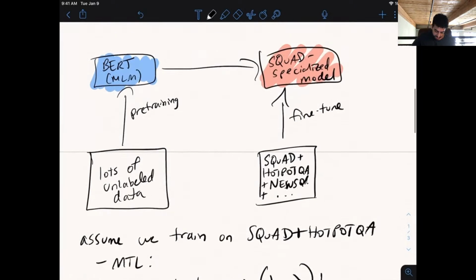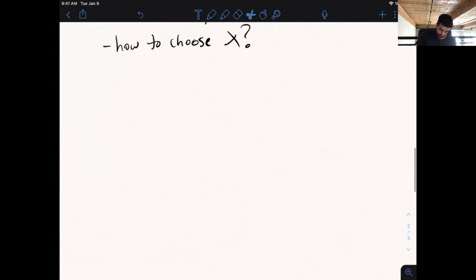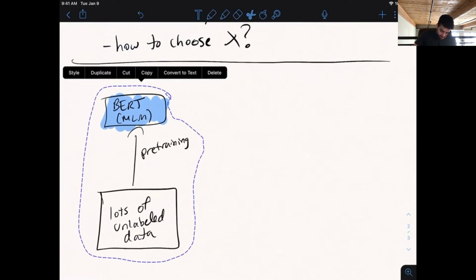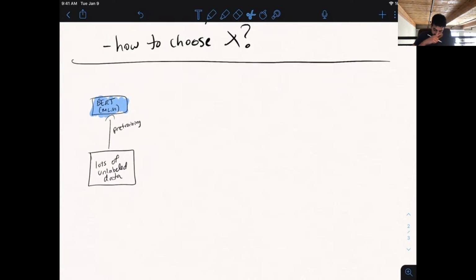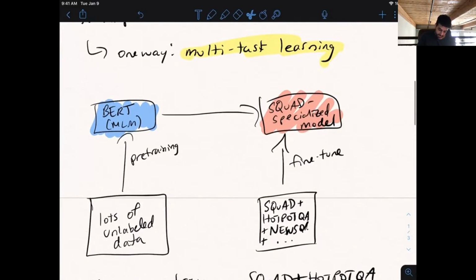So if we take our, maybe I'll just copy this one. So we're going to start, as usual, with this pre-training. Maybe I'll add a separator. Okay, so we're going to start here, and eventually we're going to end up here.